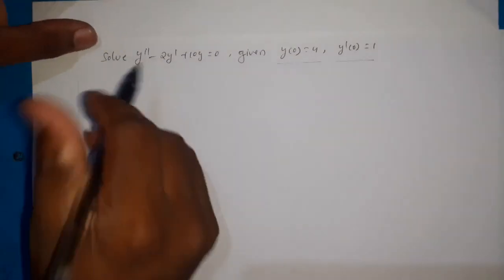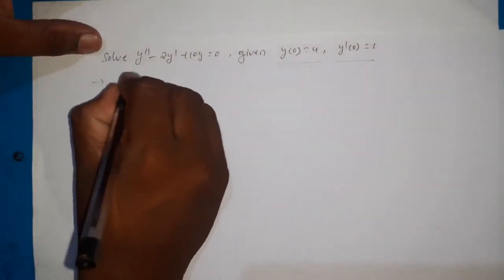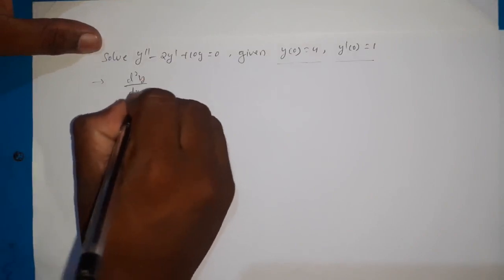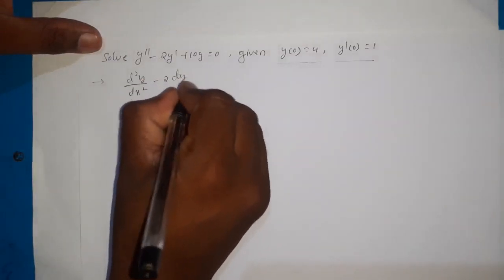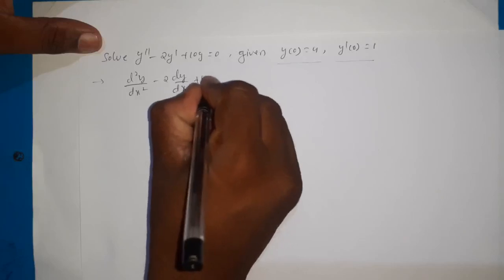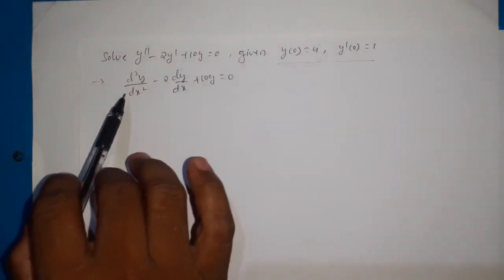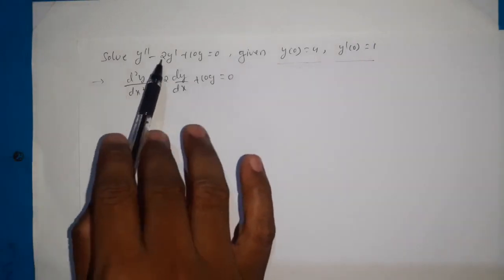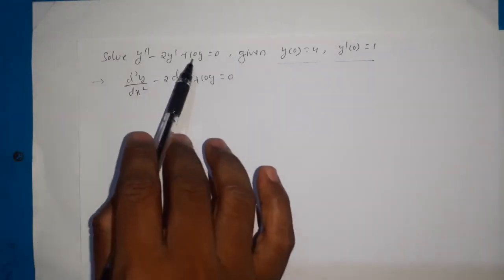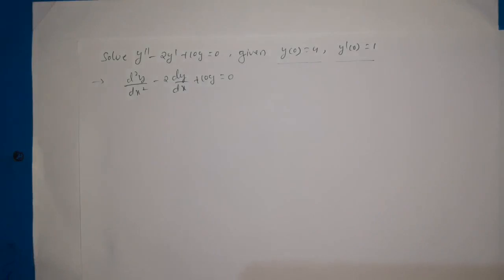Here the given equation is d square y by dx square minus 2 into dy by dx plus 10y is equal to 0, means y double dash is d square y by dx square, then minus 2y dash is dy by dx, then 10y equal to 0. The first step of solving the differential equation is we need to write the given equation in symbolic form.